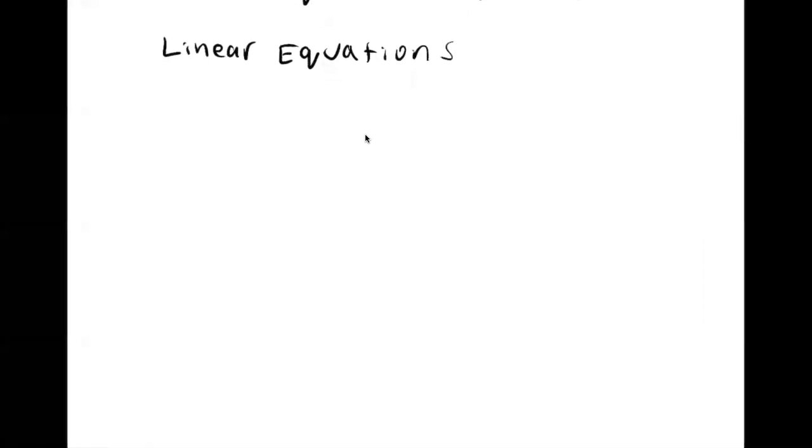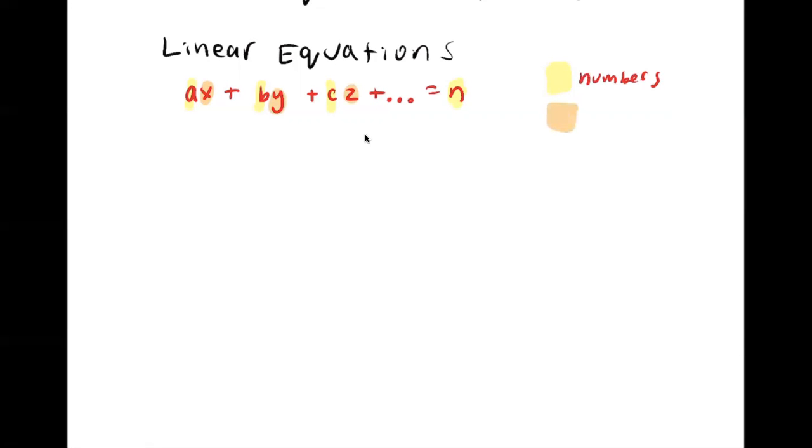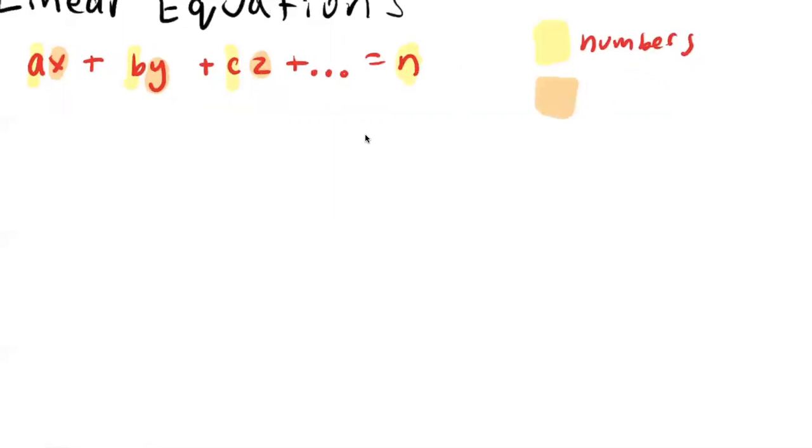So it's in this form, and I'll go ahead and write this out, where A, B, C, and N are numbers, and then we have the other ones, X, Y, and Z, as variables.